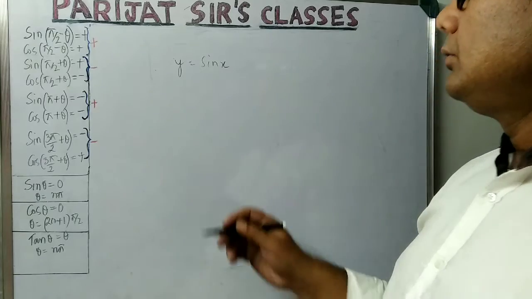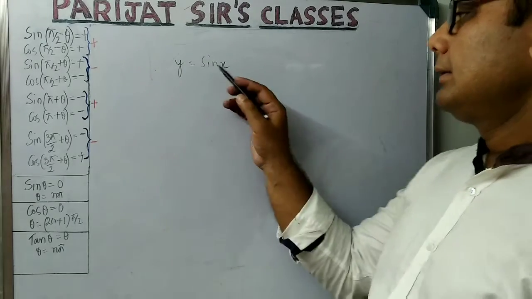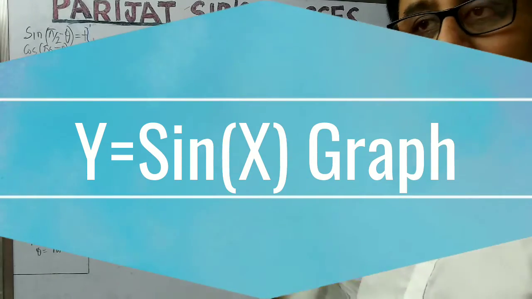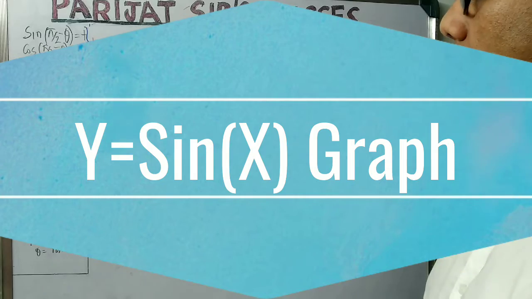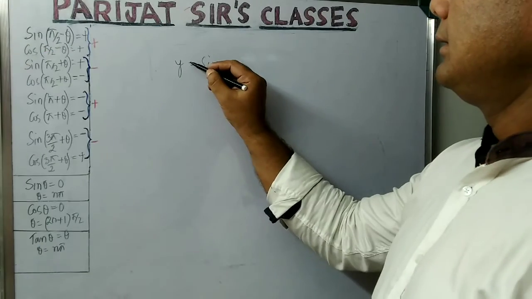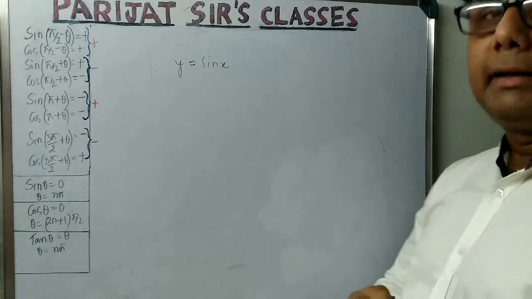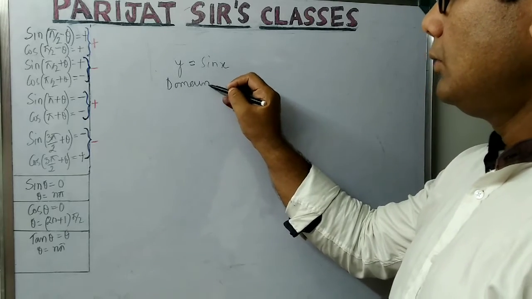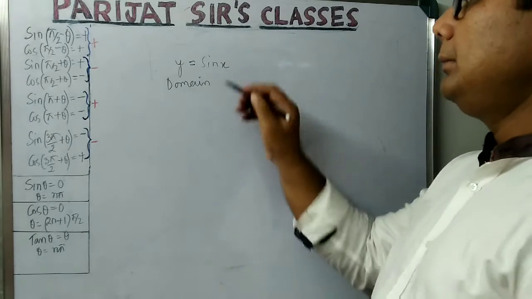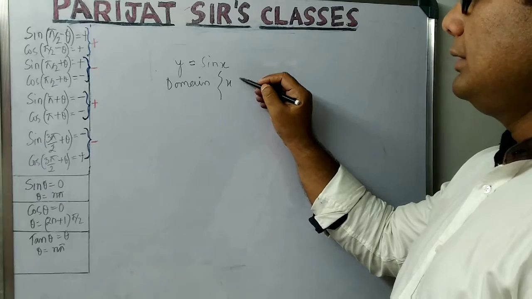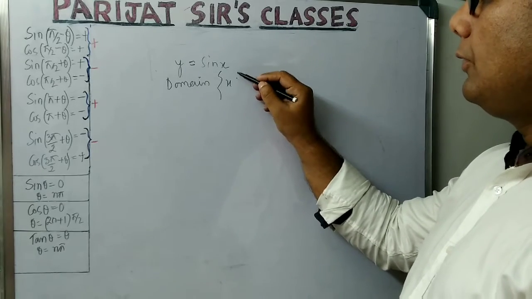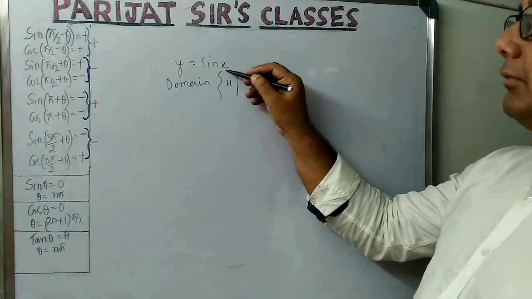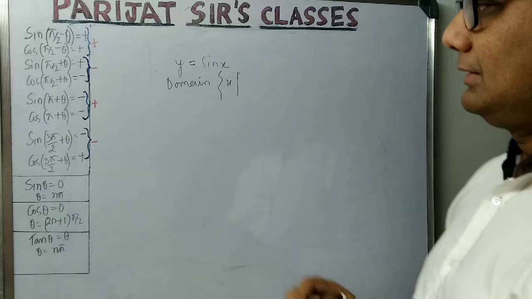In that, you see that if I am taking y is equal to sine x, what is the domain? Domain means x. What is the domain of this value of x?